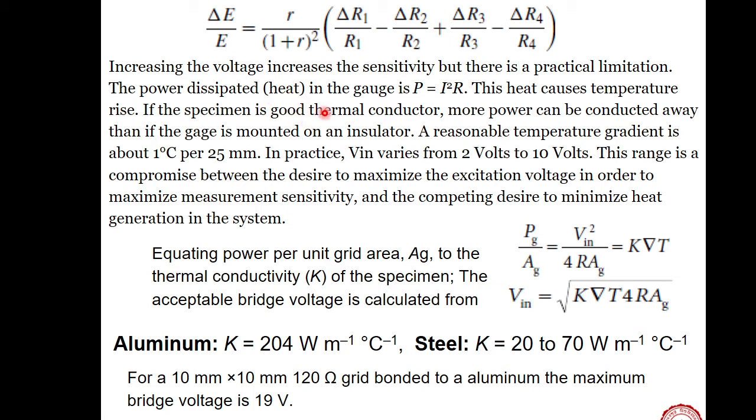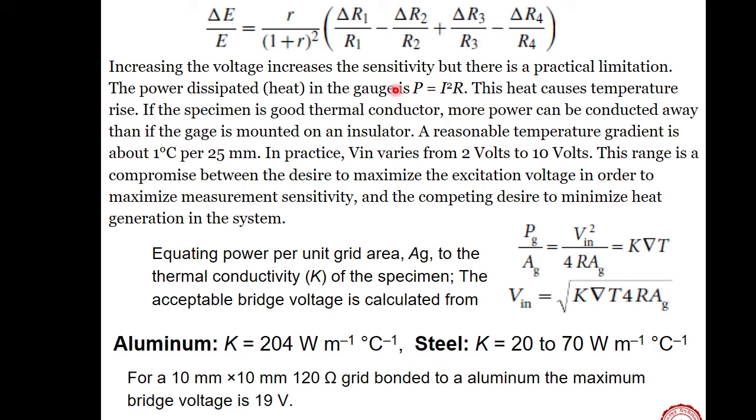So, for the heating itself, there is an allowable value of 1 degree per inch, per 25 millimeter. This much is allowed. Supply voltage ranges from 2 volt to 10 volt. We have some specified values for R: 120 ohm, 350 ohm and 1000 ohm. And then there is a thermal conductivity of that strain gauge also.